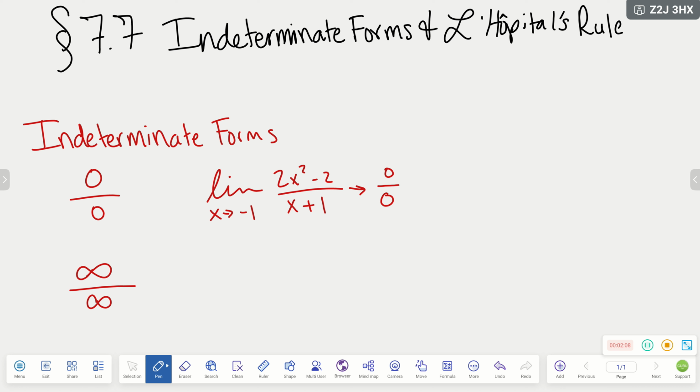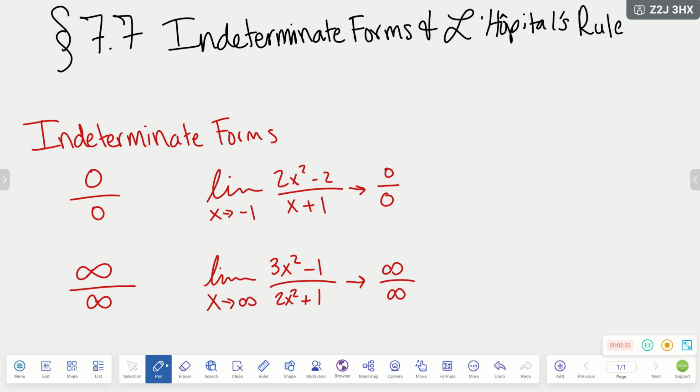And then the other one, as x approaches infinity of 3x squared minus 1 over 2x squared plus 1. Both of those are growing exponentially large, so you get the indeterminate form of infinity over infinity.